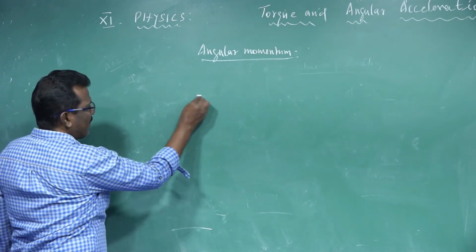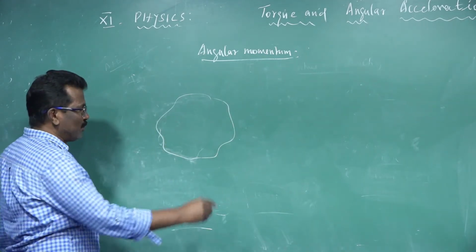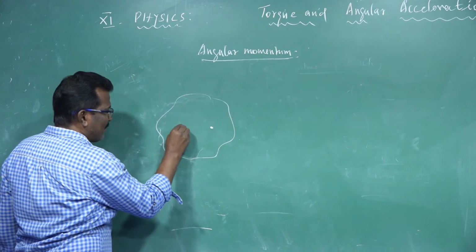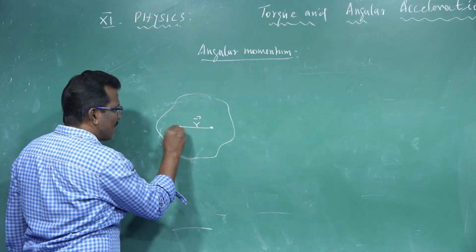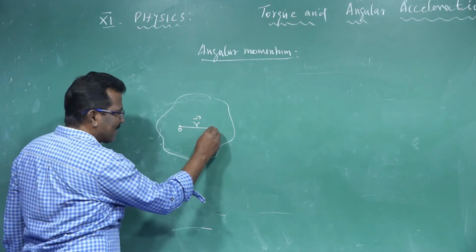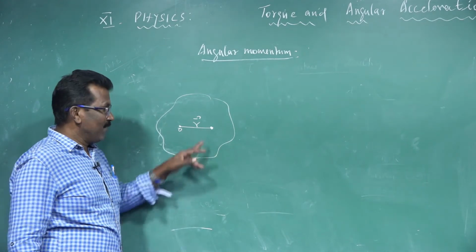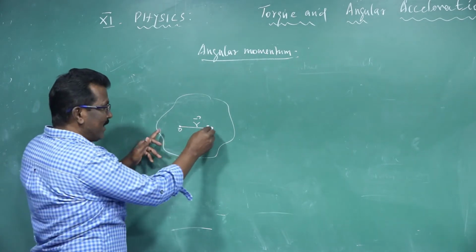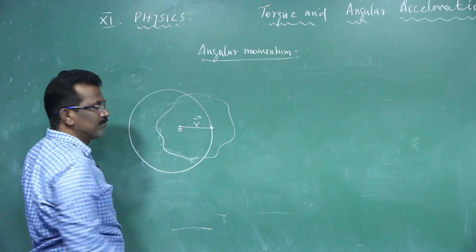Again, this is the body. Choose a point whose distance from the origin is r vector. This is the origin, and the point has mass m. When an external force is applied, the body has to rotate like this.